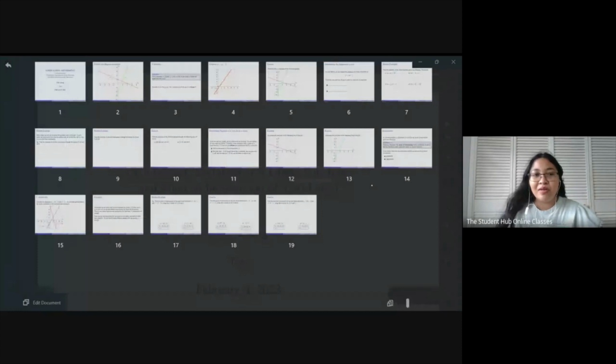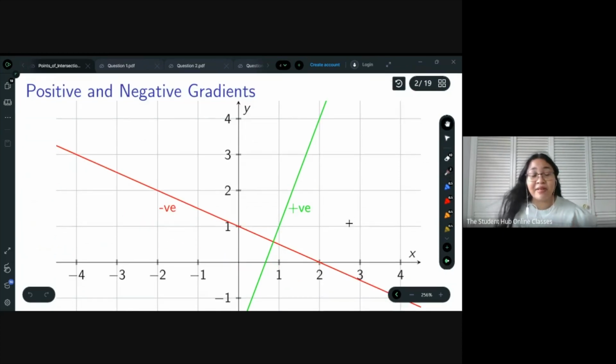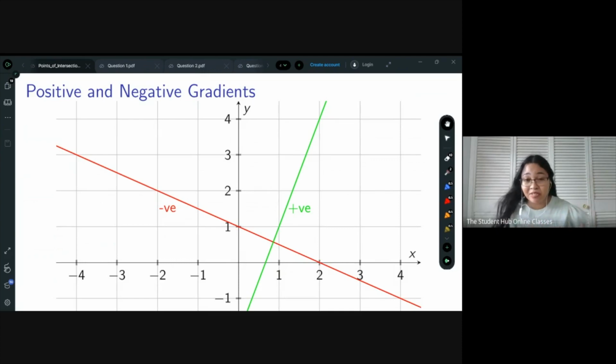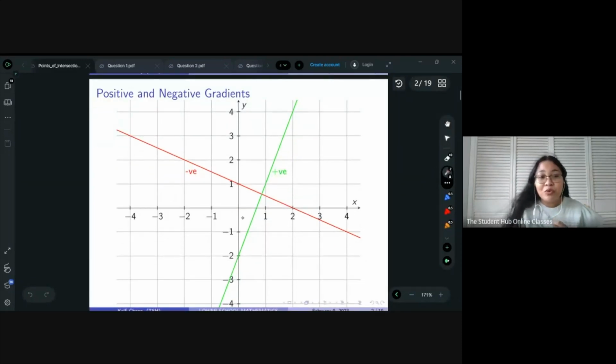So I just wanted to touch on one more thing for gradients. So the idea of a positive and a negative gradient, because we were seeing that we could get both positive and negative as an answer for your gradient. And what does that mean, right? Now we always go from left to right. So in going from left to right, if the graph is going down, that's going to be a negative gradient, right?